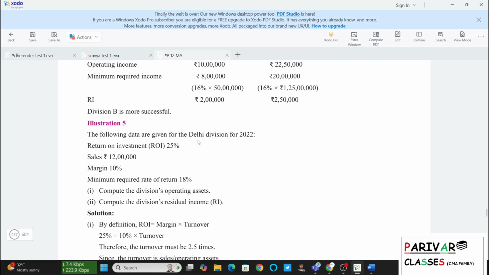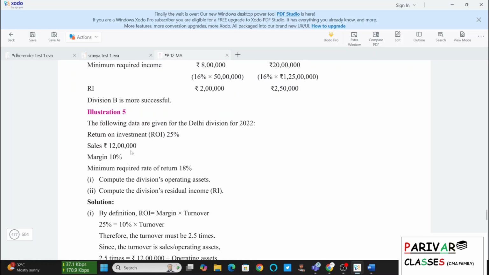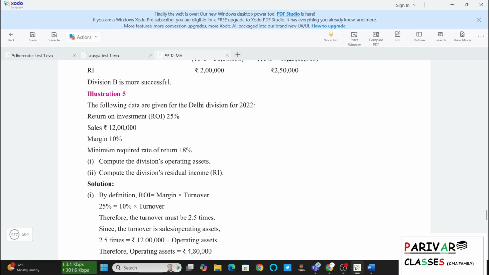The following data are given for the Delhi division for 2022. ROI 25%, sales 12 lakhs, margin 10%, MRR 18%. No need to worry. From my side now everything will be clear, because I am recording here now.